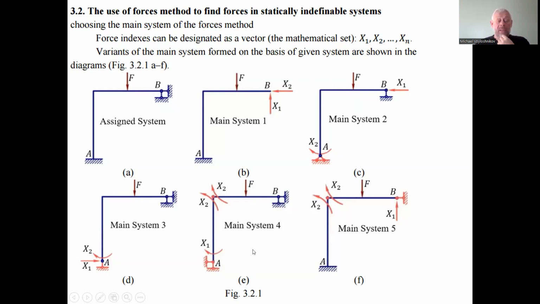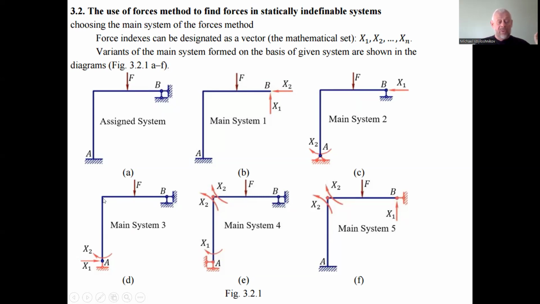Okay, we can do another approach. For example, we can remain the supporting links in the point B as was assigned in the assigned system. We can remain for the embedding another one link as for the force A to provide two components of the support resultant reaction. But now we have to assign the bending moment in the point A, and we cut this place and install here the joint hinge in the corner.